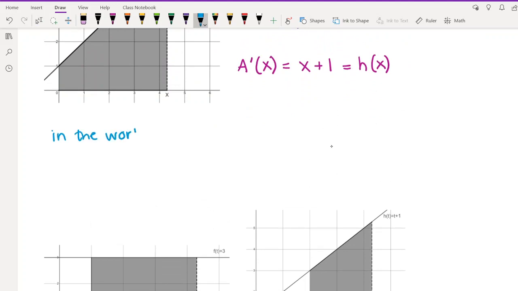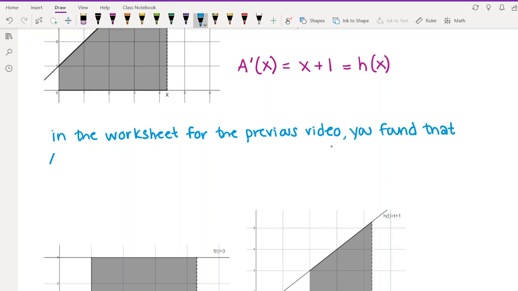So in the worksheet for the previous video, you should have found that A of x equals the integral from 1 to x of 3 dt, and A of x is equal to the integral from 2 to x of t plus 1 dt.